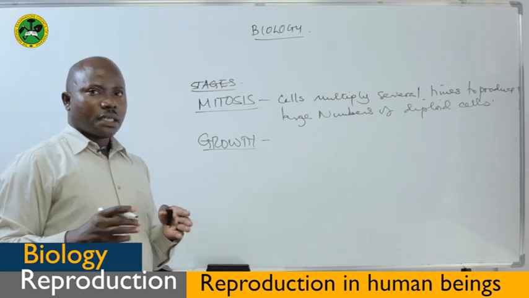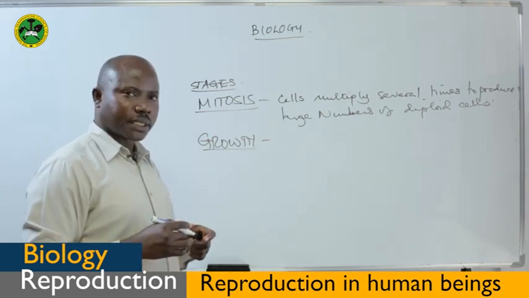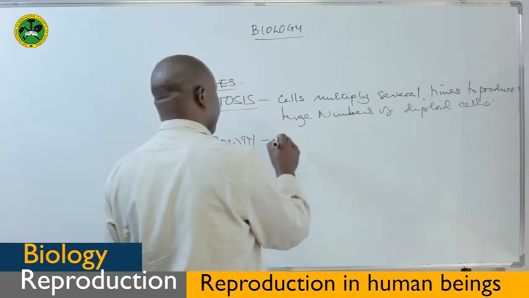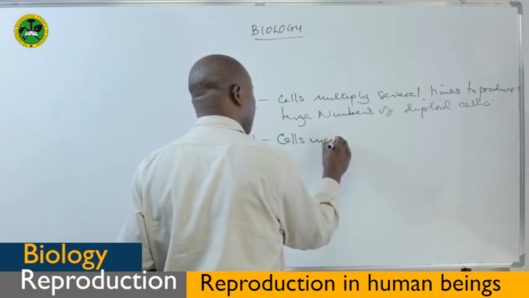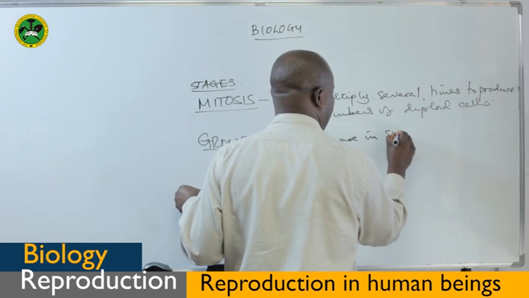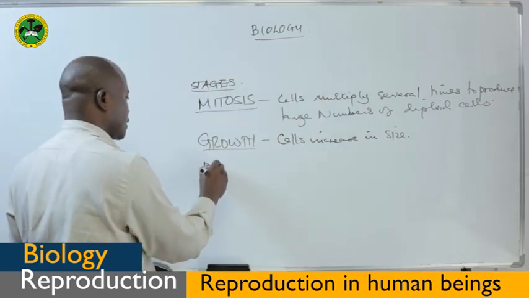Here, the diploid cells produced as a result of mitosis must grow and increase in size. And the third is reduction.